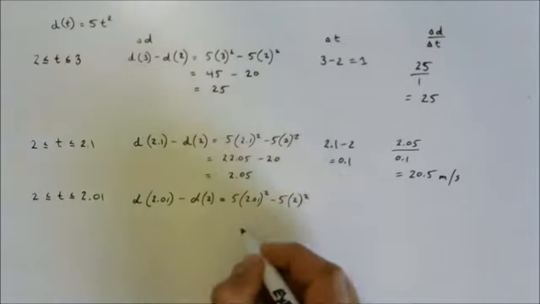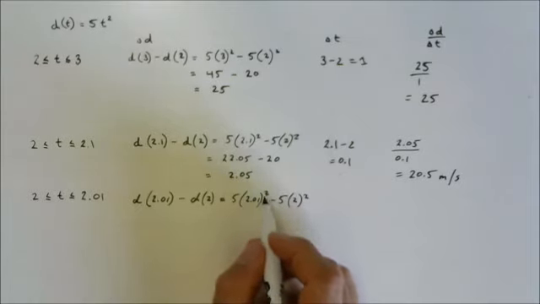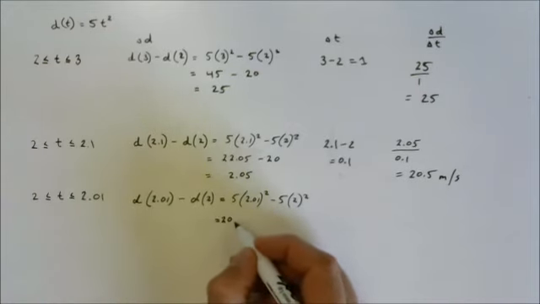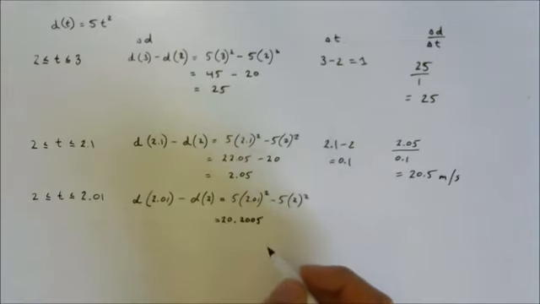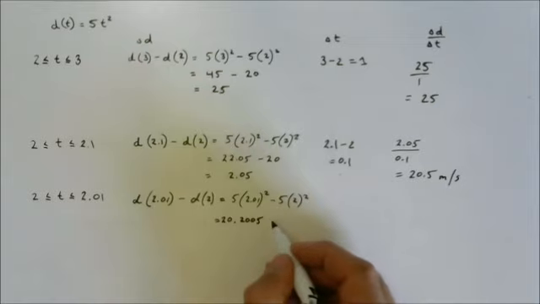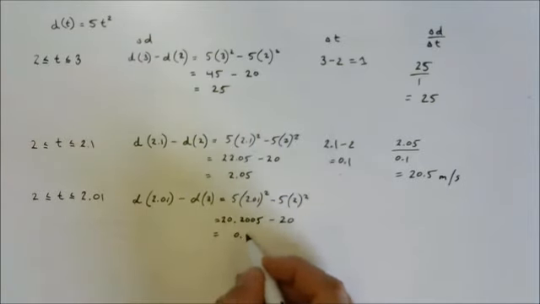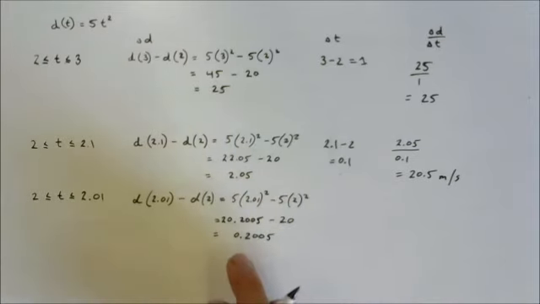And in our calculator, 2.01 squared times 5 is 20.2005. And we're going to subtract 20 from that, which leaves us with 0.2005. I think there's a typo here. Maybe not. Nope, looks good.